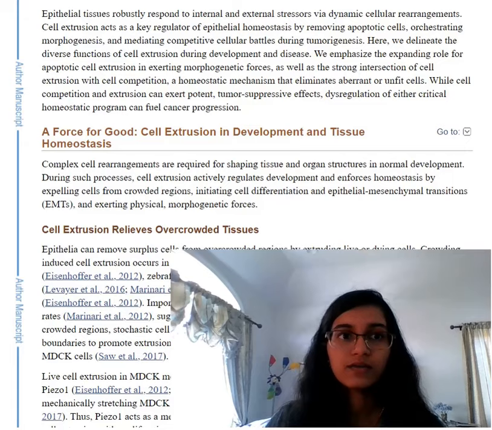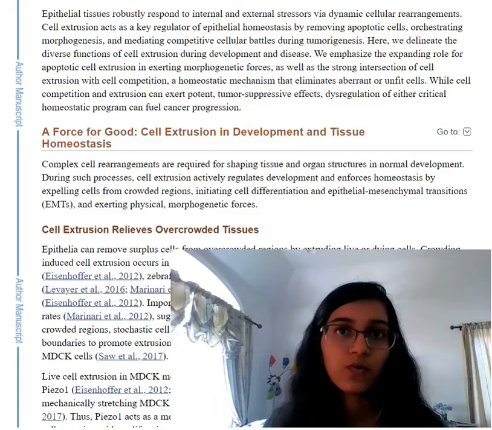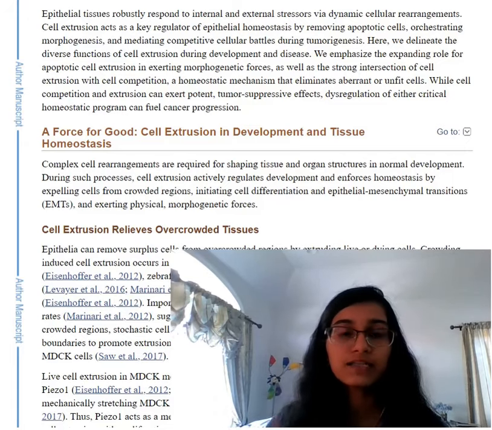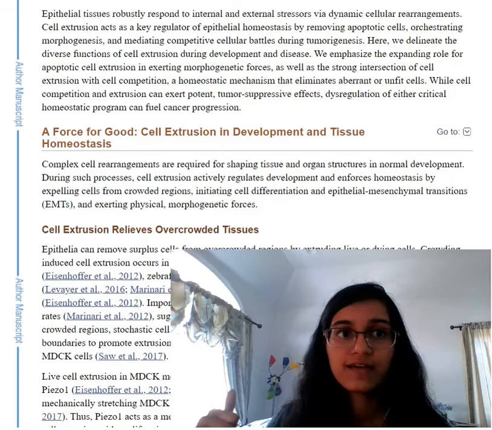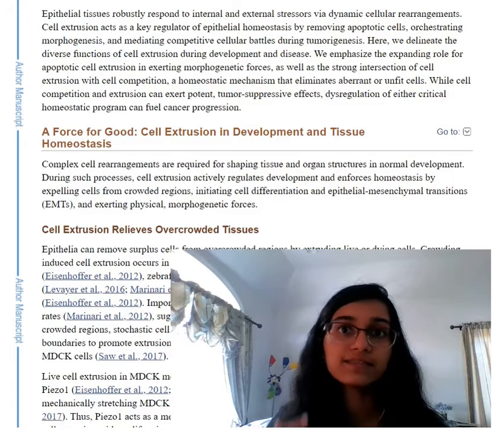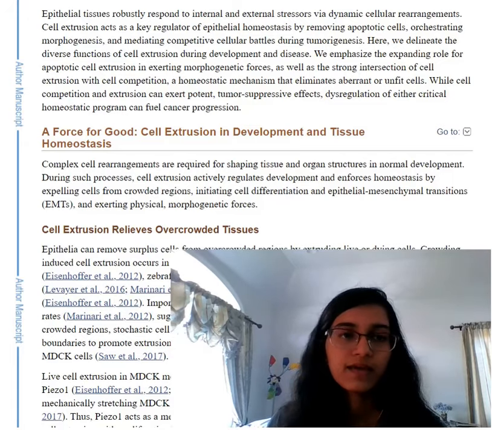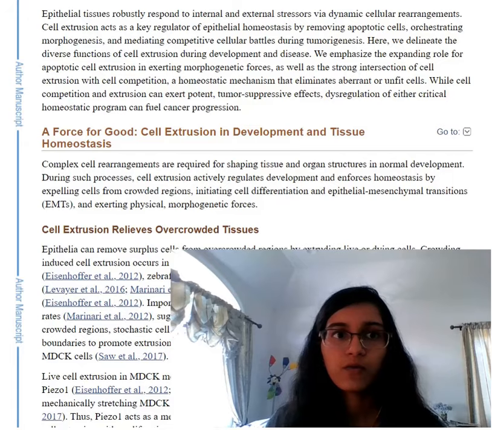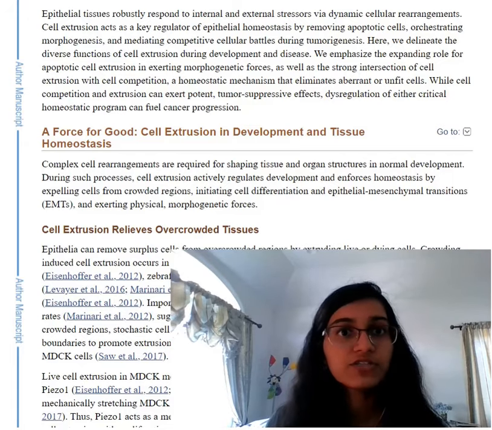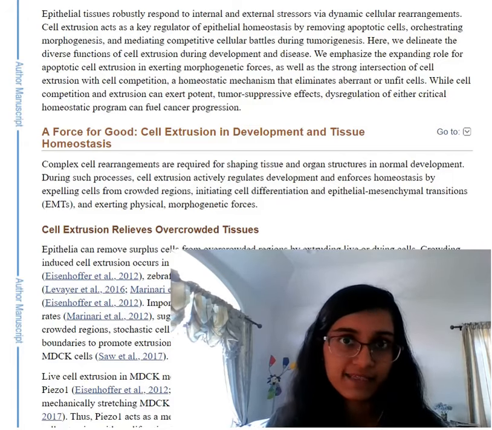Okay, so just by reading the abstract, we got a lot there. We got some of the functions of cell extrusion, and we understood why this is so important in the body. And more than that, we finally got our definition of what cell extrusion is.